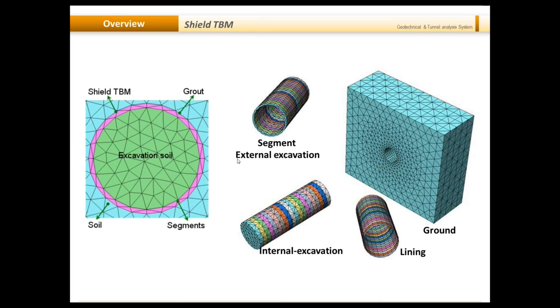If you see the cross section, we have the excavation soil, which is this, then we have this shield TBM right around it, and then we'll have the segments that will come in, which is this pink zone, and we'll replace this shield of the TBM with the grout member later on as and when the excavation proceeds, and we'll have the soil around it.